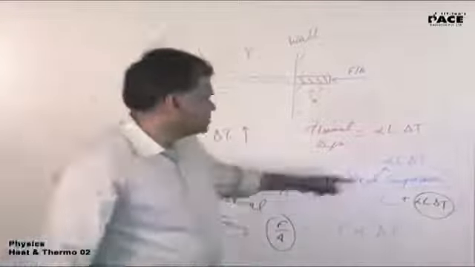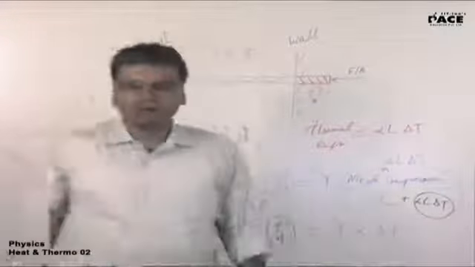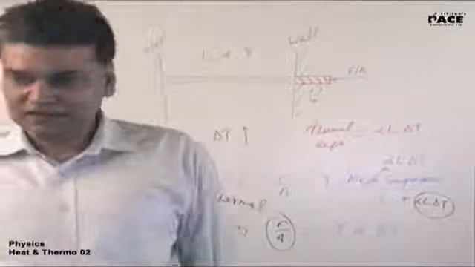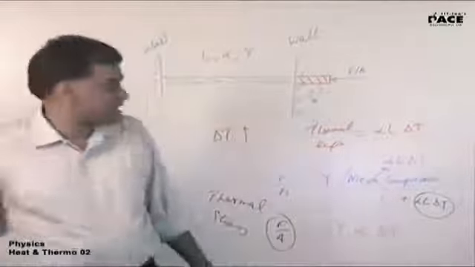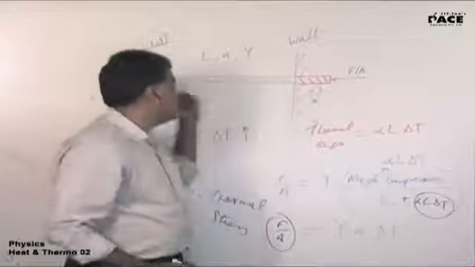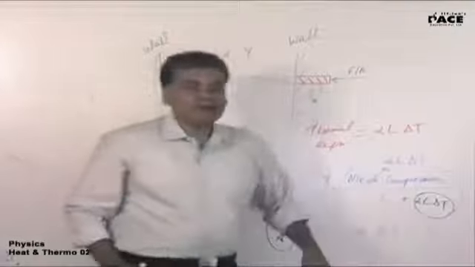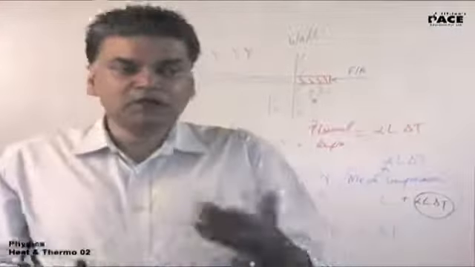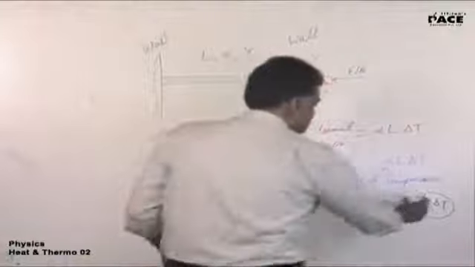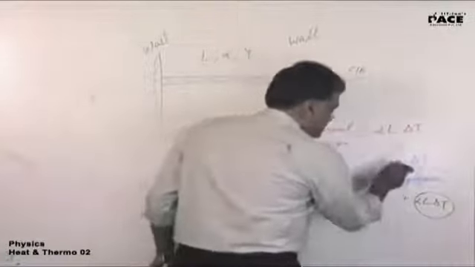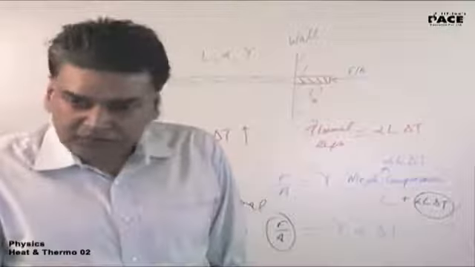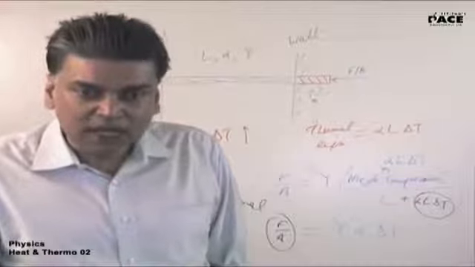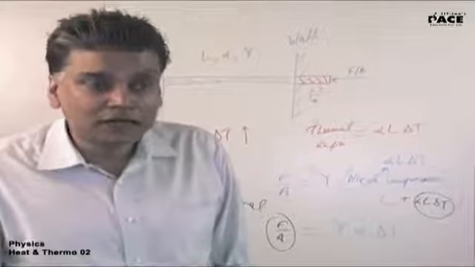But this ratio, if you calculate, it is going to come out to be the same. So hence we neglect it. You are right in saying that exact length should be L plus alpha L delta T. But when you calculate, since this length is pretty small, this ratio is going to be the same as this by this. Yeah, is it fine? The thermal stress F by A is Y alpha delta T.